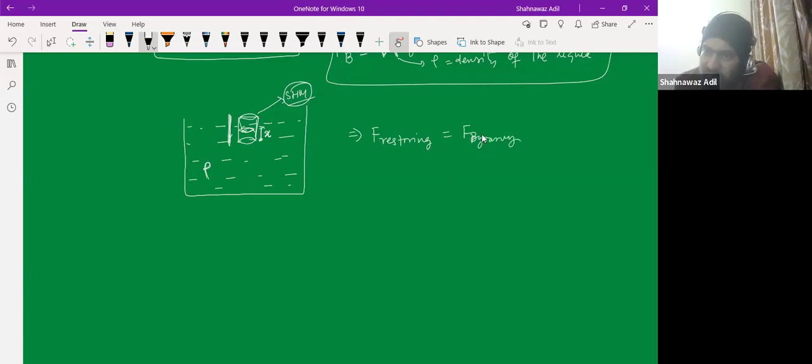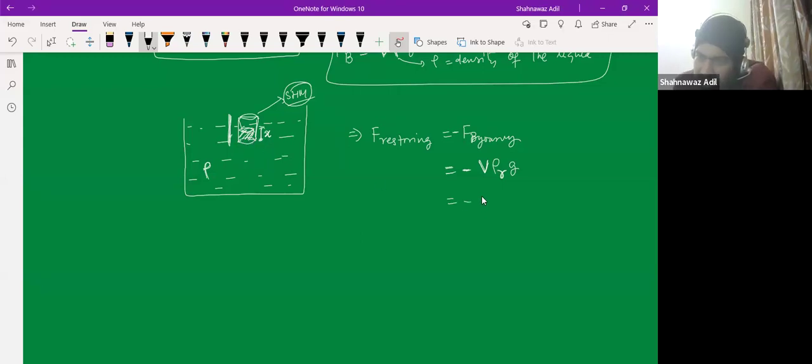And this F buoyancy, we know how much it is. The restoring force would be minus F buoyancy, which is V, rho of liquid, and g. They are saying that rho of liquid is rho r. And what would be the volume immersed in this liquid?